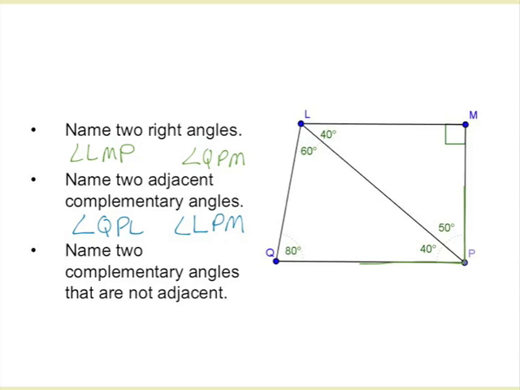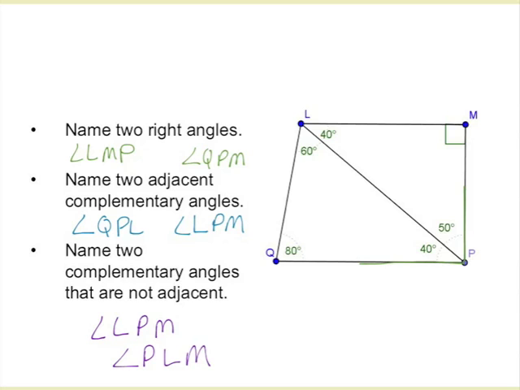The third one asks us to find two complementary angles again, but this time we want them to not be adjacent. So they either shouldn't be in the same corner or not sharing a wall, somehow not right next to each other, but they still need to add up to 90. So where do I find two angles in here that add up to 90? LPM and PLM.